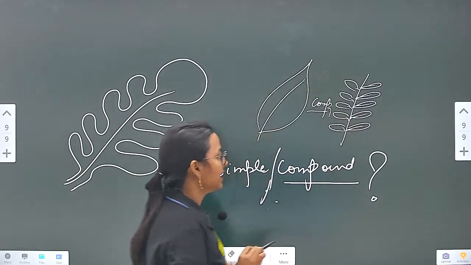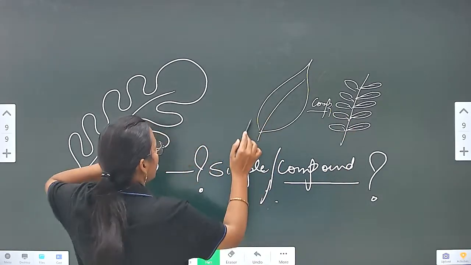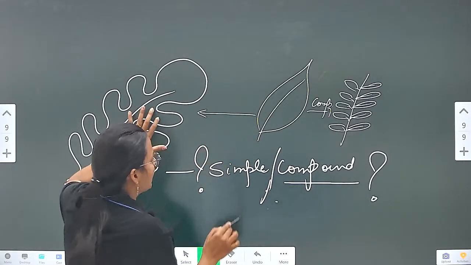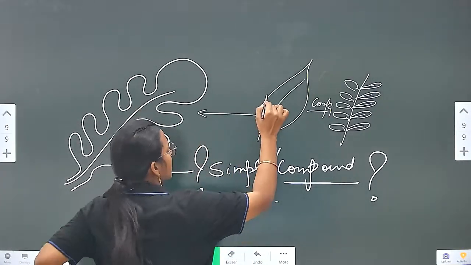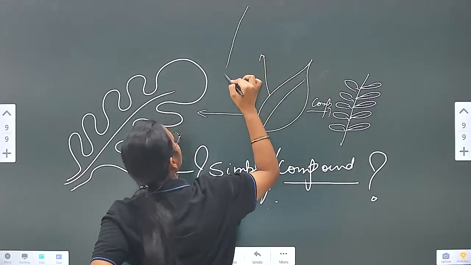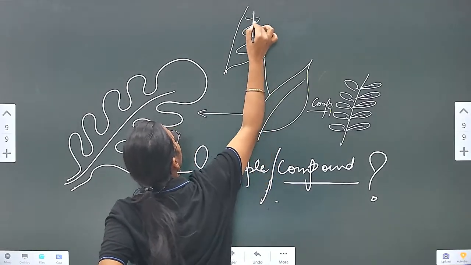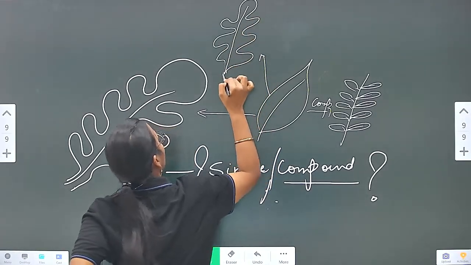But if the same lamina gets wavy like this, this leaf can also look like this. Are you getting my point?